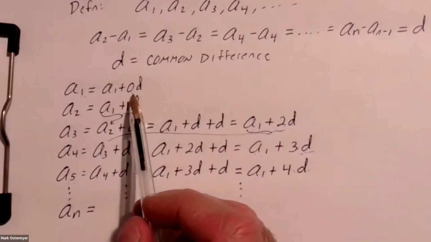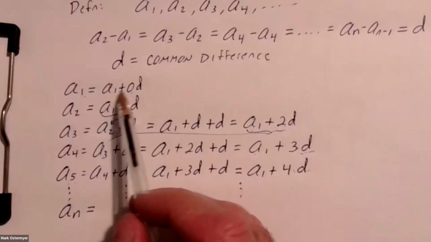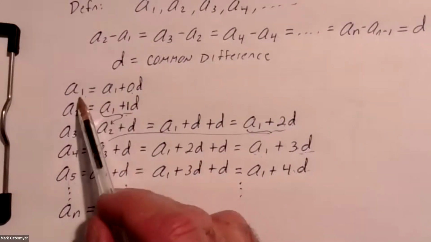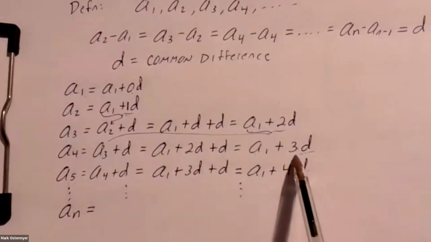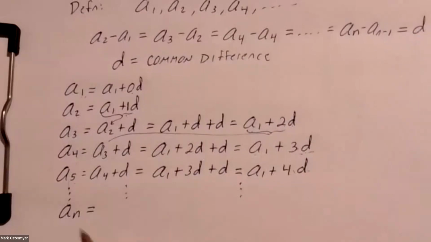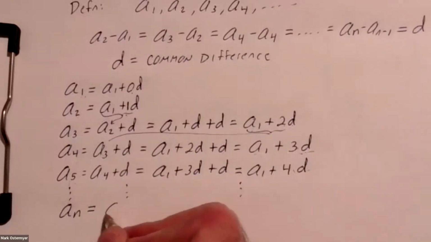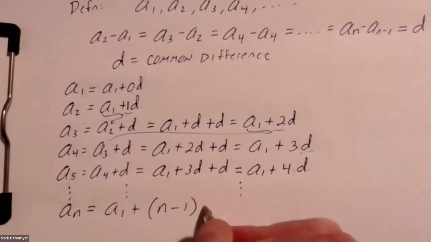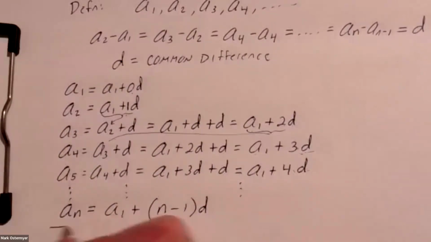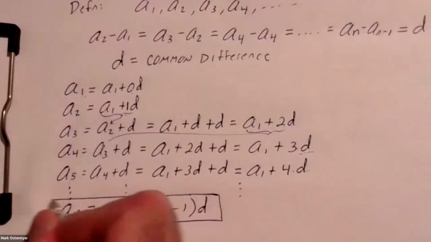It appears the number of common differences we add to our first term lags 1 behind the term index. So the nth term can be found by taking your first term and adding to it n minus 1 of your common differences.